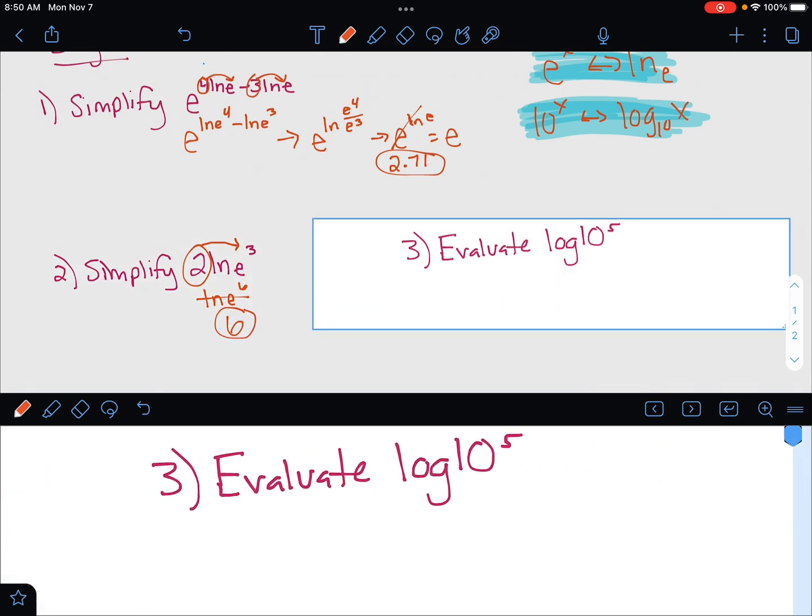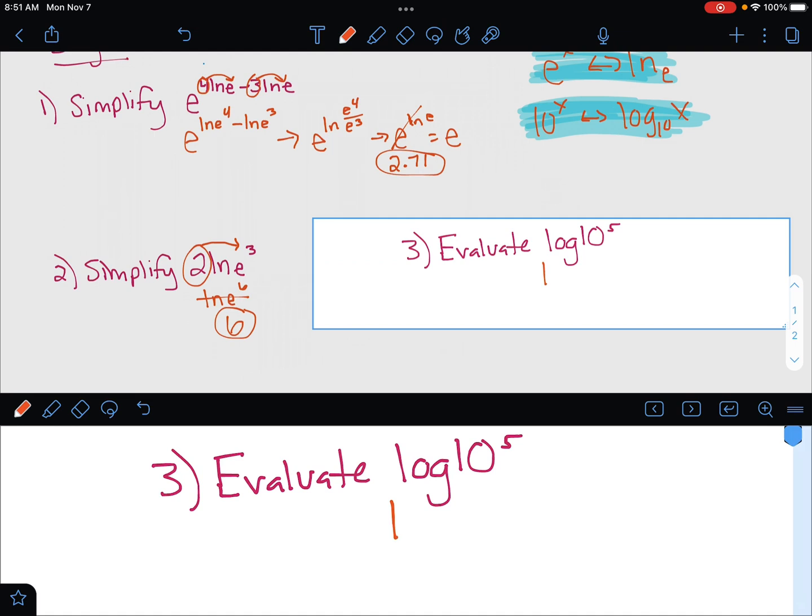Okay, evaluate. Log of 10 to the fifth. Well, what are we going to do here? What do we know about logs? For logs, what's the base if nothing's written?